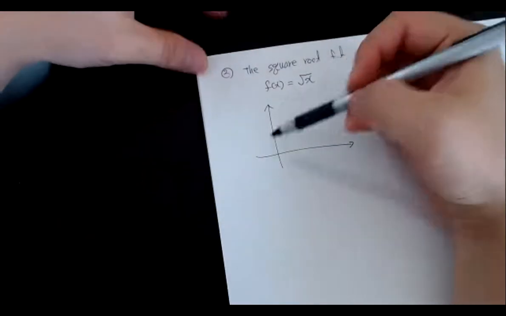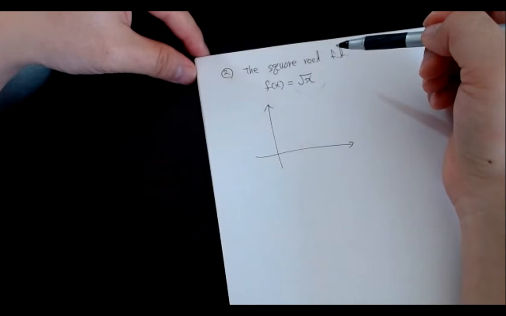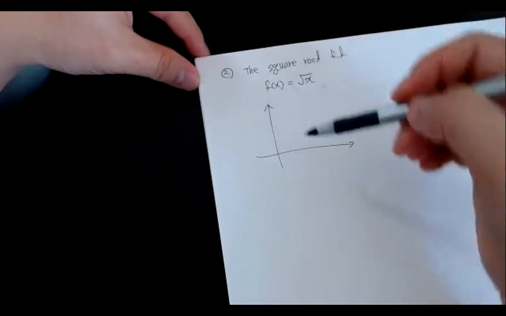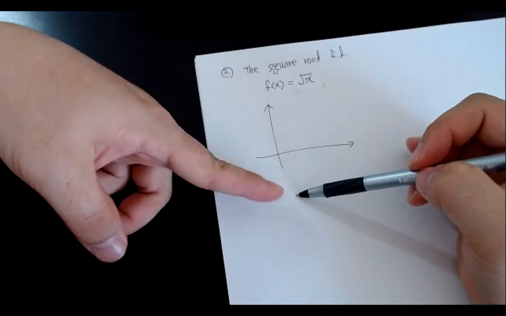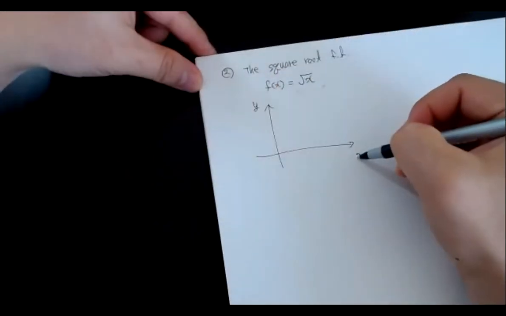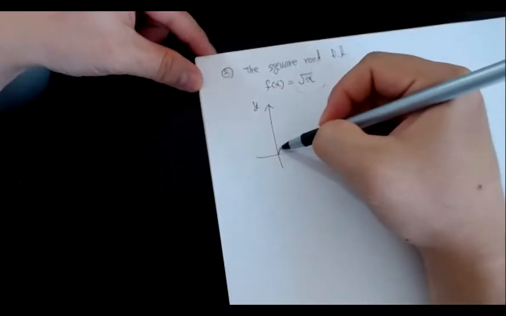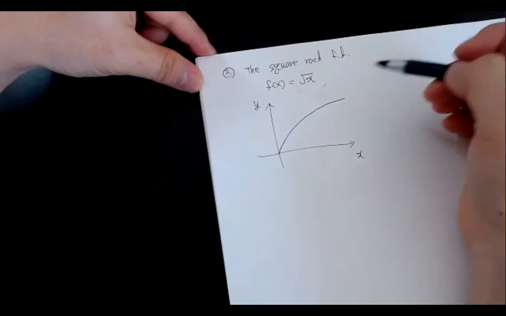So we expect the y value never to be a negative number. Because the square root is always greater than or equal to 0, the range must be 0 to infinity. That's why I didn't draw the negative part of the y-axis. The graph of this function must look like that, and it doesn't decrease.